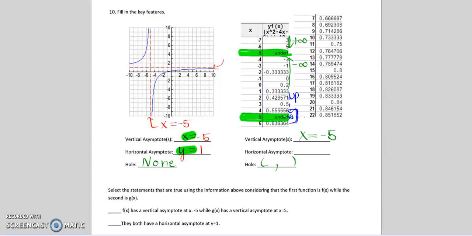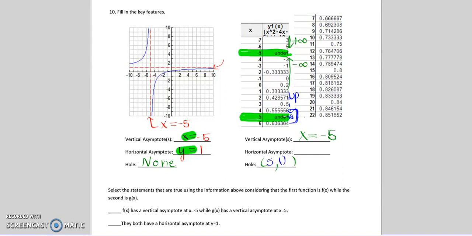Do you see how close those values are? It's almost like they just skip over some numbers there. So that's what gives us a hole, because they're both kind of coming towards the same y value. They're not one going up towards positive infinity and one going down towards negative infinity. They're coming towards the same thing. So how can we estimate what the value might be between 0.55 and 0.63?